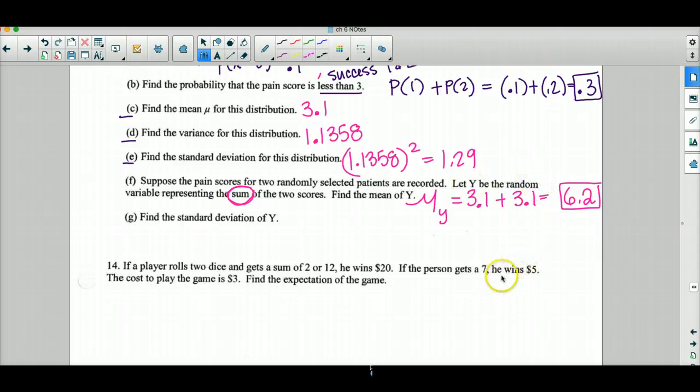And standard deviation. Well, that's the first patient, and the first patient's variance is 1.1358 squared, and the second patient, the same thing.